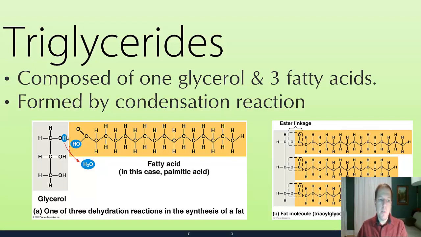The condensation reaction will harness two hydrogens and an oxygen from those groupings of atoms, removing those to make water, and creating a new type of bond called an ester bond, which then connects that fatty acid chain to that glycerol. In this case, this fat molecule is now a triglyceride because each of those three hydroxyl groups on the glycerol have been replaced with this new ester bond, connecting each one to its own fatty acid.